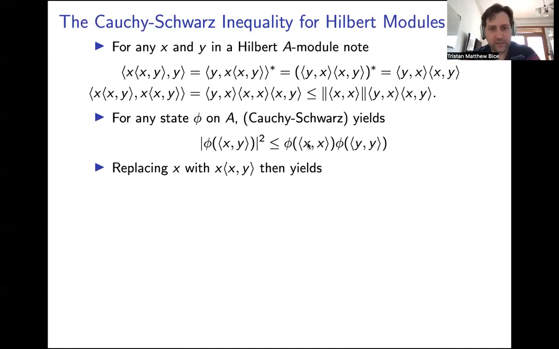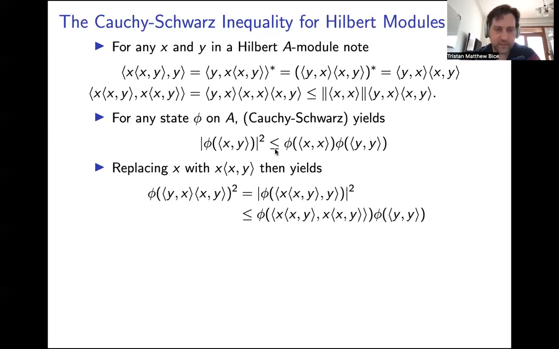And now we look at this inequality, except we replace this x now with x comma y. Well, then, thanks to these little calculations up there, we are hopefully going to get what we need. So make the replacement here. Well, first, look at phi of y*x*xy squared.